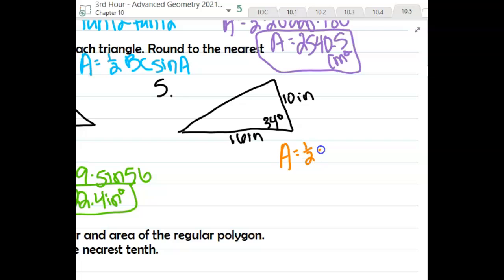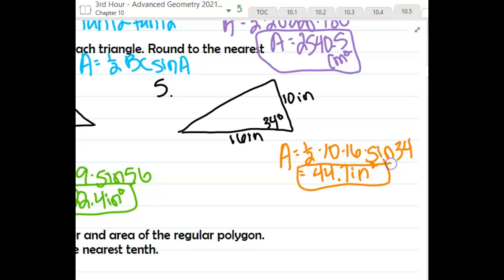You are going to take 1/2. You're going to multiply the 2 sides together, so 10 times 16. Multiply that by the sine of the included angle, so sine of 34. Once again, just plugging numbers into your calculator, should get about 44.7 inches squared.